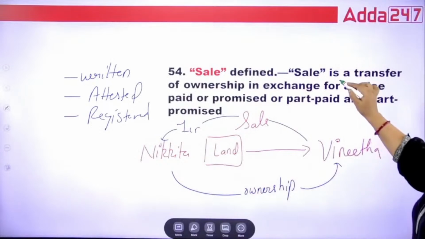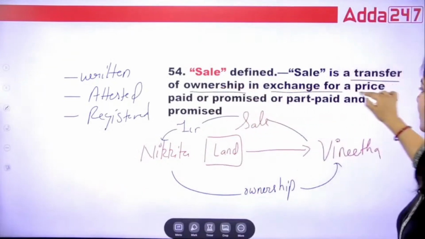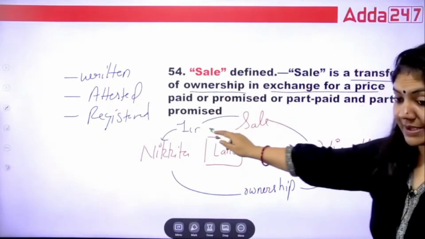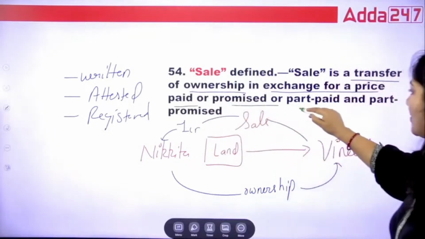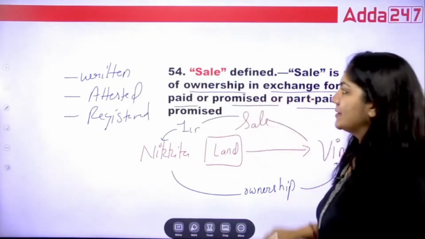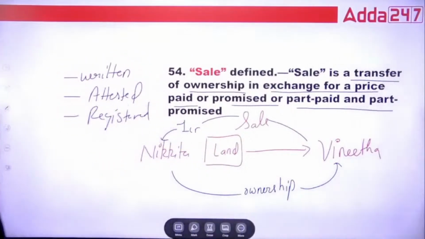So see what is written here. Sale is the transfer of ownership in exchange for a price. This is the price. Price paid, promised, or part paid and part promised. This is called sale. Yes, guys. Any doubt?